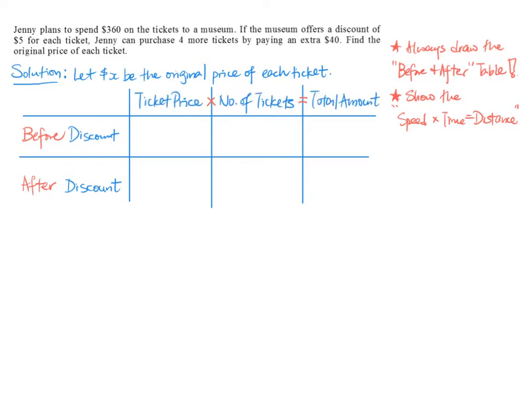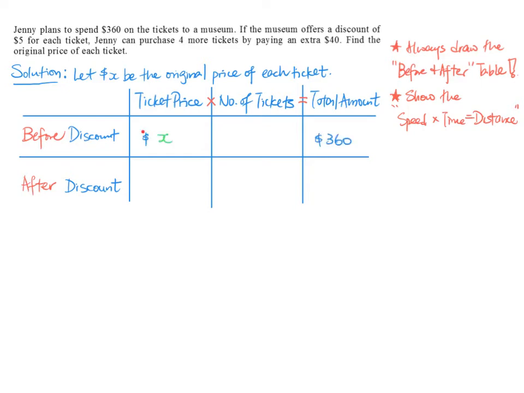But of course, speed times time equals distance is just an analogy because we don't see that in this situation. Think about it. In this situation, it is ticket price times the number of tickets equals the total amount you spend. Okay, but this can be translated to pretty much all the other quadratic application word problems that we will encounter.